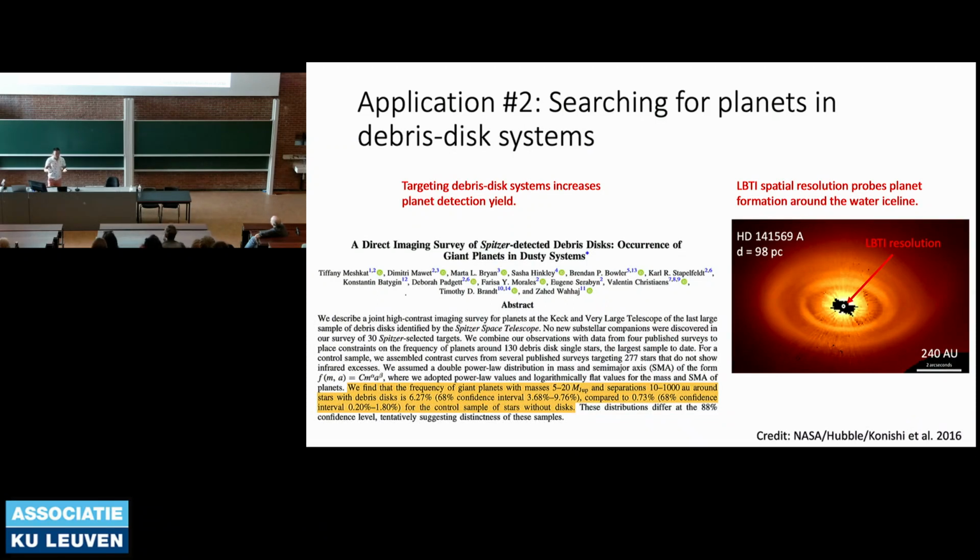But the planet that we're trying to search for is actually in this ring, marked by the white circle at the very center of the image. That is the LBTI resolution that we can push in, which cannot be accessed by either JWST or Hubble Space Telescopes. So this will give us the niche of detecting those planets in debris disk systems.